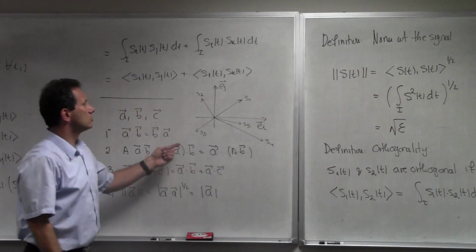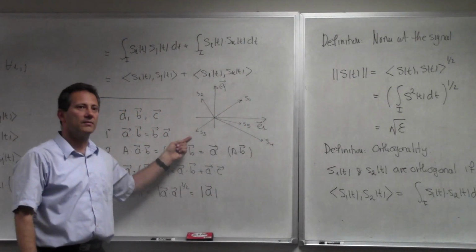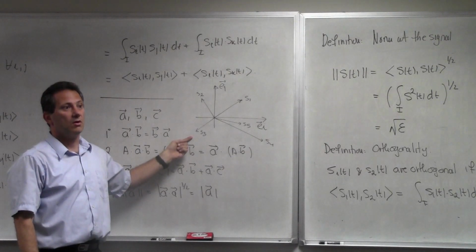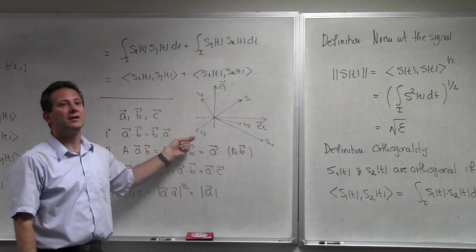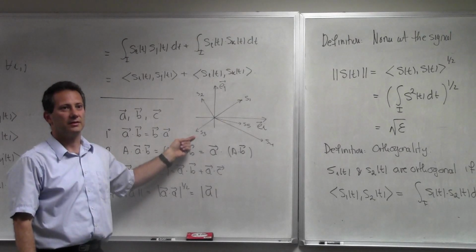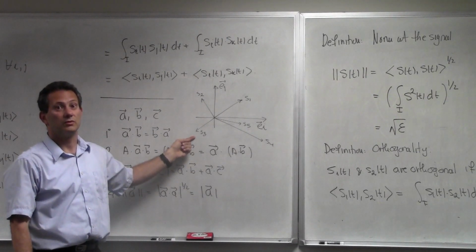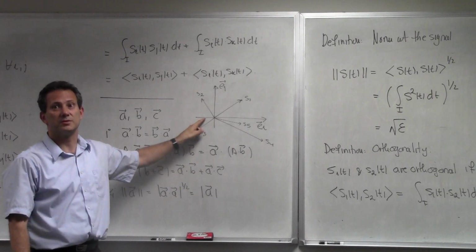So how many vectors do I have? 5. Are they linearly independent? No. How many linearly independent vectors can I create in this space? Two. This is a two-dimensional space, right?